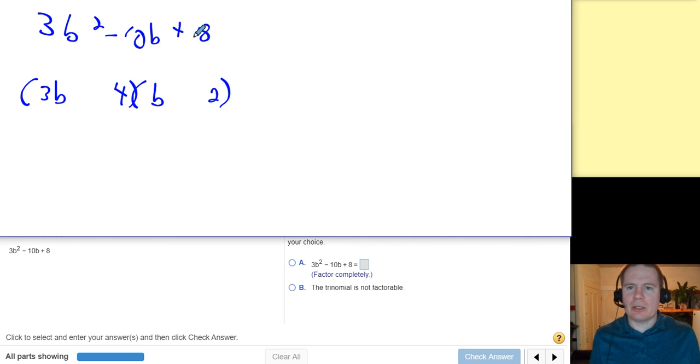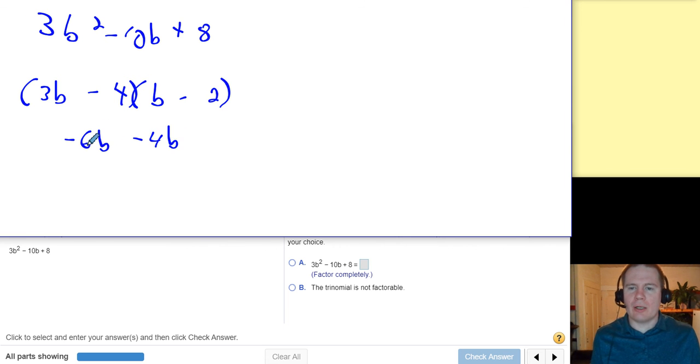Now, to get a positive 8, they need the same sign. Since this is a negative, that sign's got to be negative, right? 4 and 2, both negative. Oh, there you go, right? Let's actually work that out. 3b times 2 is negative 6b. Negative 4 times b is negative 4b.